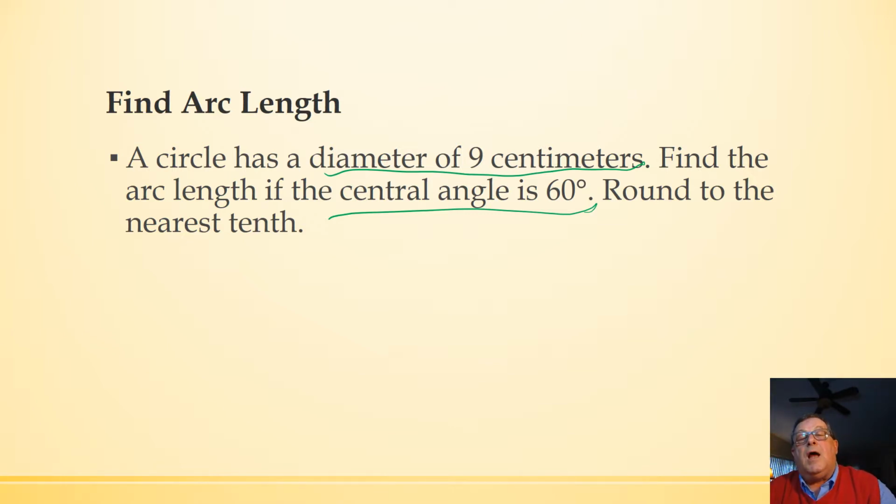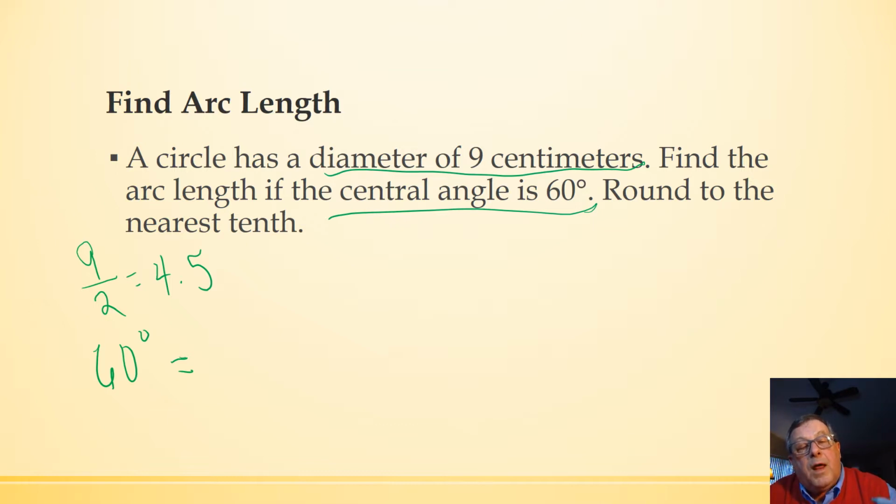Converting the diameter into a radius is pretty simple. We just take the 9 divided by 2, and that equals 4.5. So our radius of this circle is 4.5. And we've got a central angle of 60 degrees. We just explored how we would convert from degrees to radians.